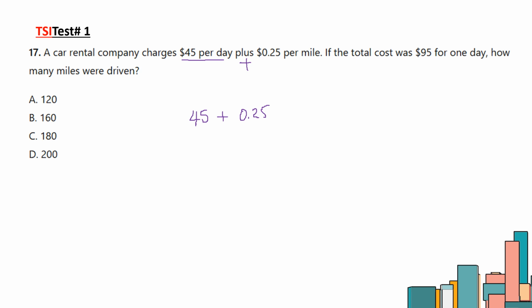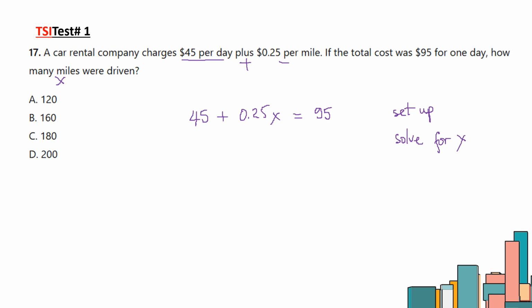We call it x miles we drive, so we multiply by x. Then that will equal $95. So this is the setup part, and now we just solve for x.